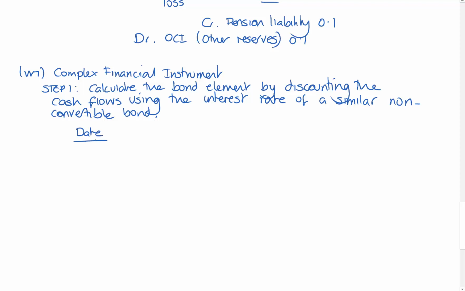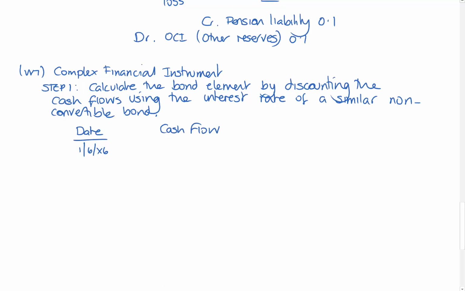So if we start off with the date, when was the bond issued? It said the bonds were issued on the 1st of June X6. So they're issued at the start of the present year. What's the cash flow going to be? The first cash flow is on the 31st of May X7, which is when we're preparing our accounts.